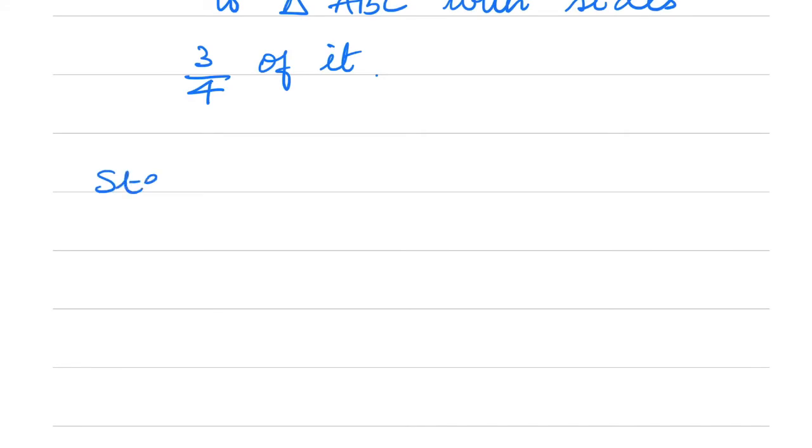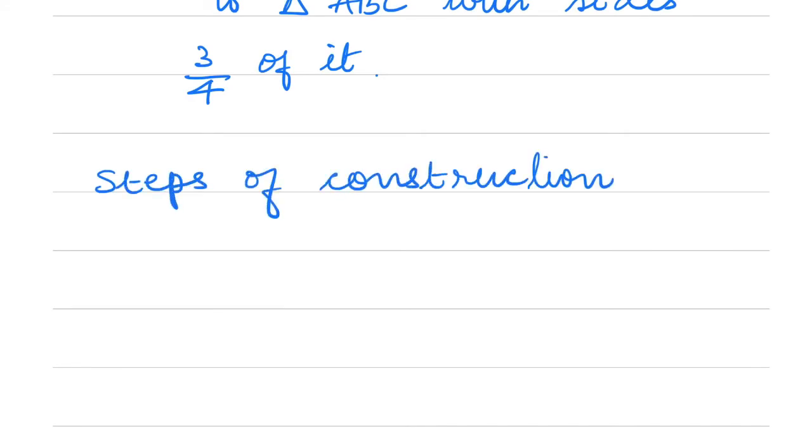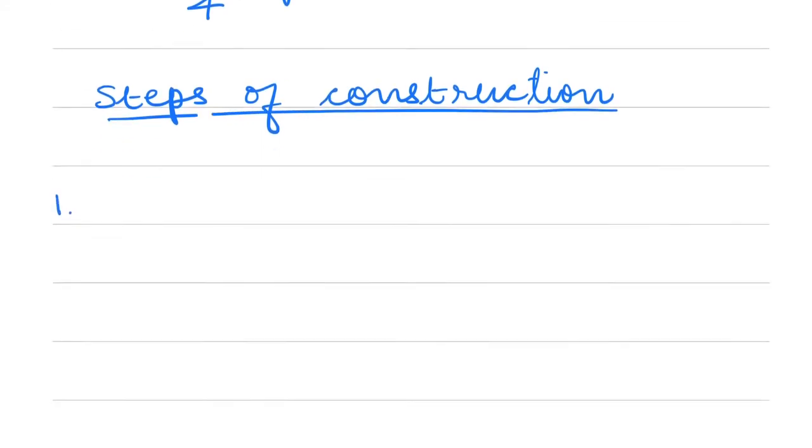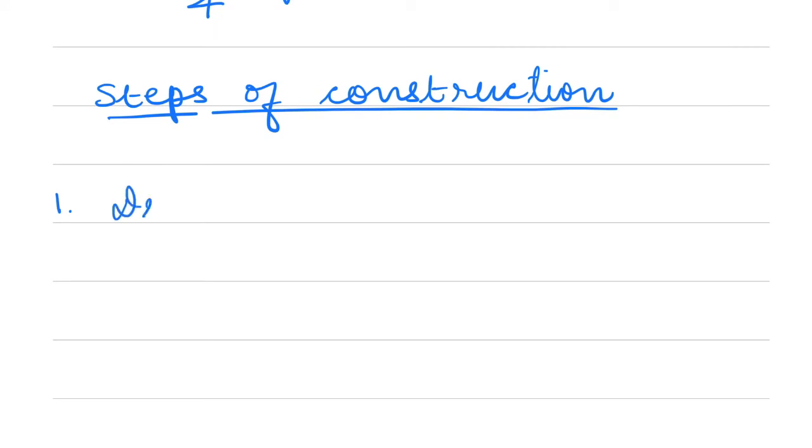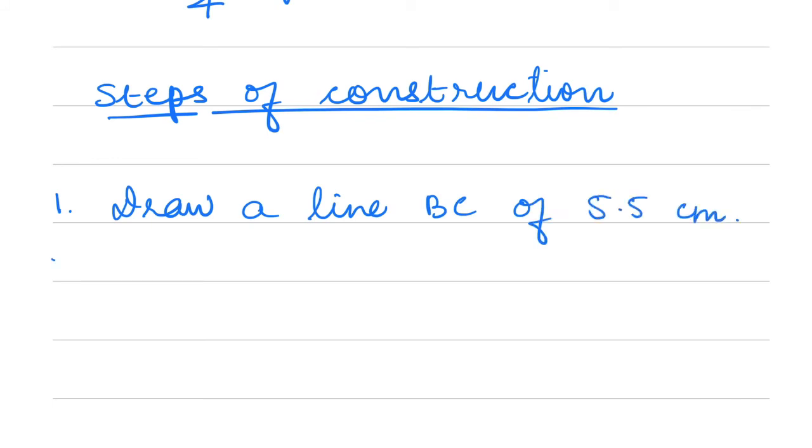We can write down the steps of construction. So the first step of construction is to draw a line BC of 5.5 centimeter.